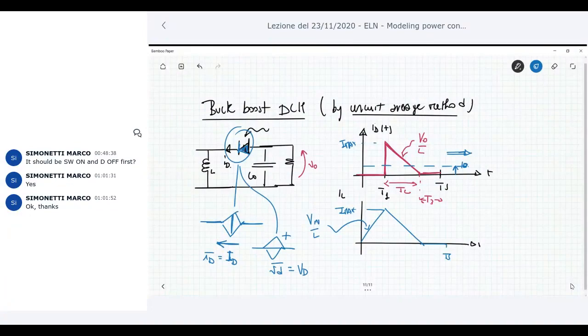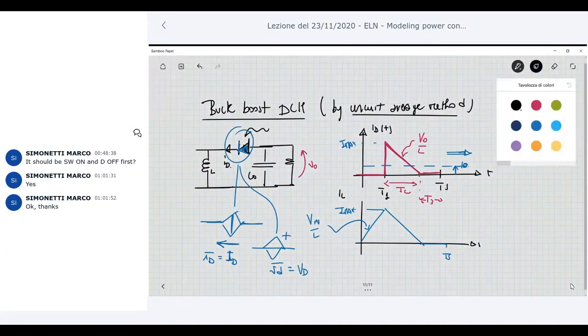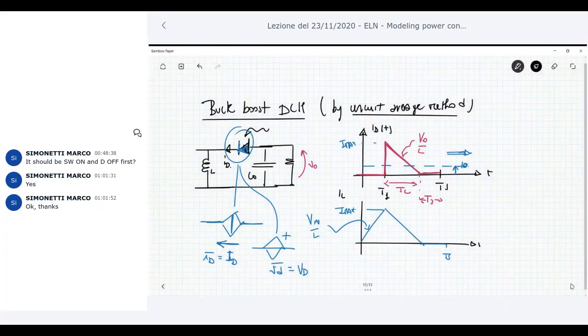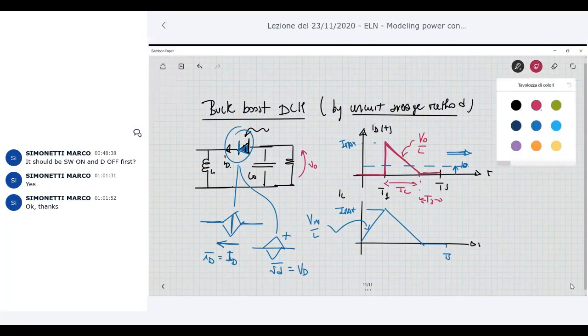So which one do I have to choose? It depends. I don't know at the beginning of the analysis. Sometimes the wrong selection gives you more calculation, but of course you can always get a result. In this situation, I can assure you that if you choose the current source, you can have less computation.